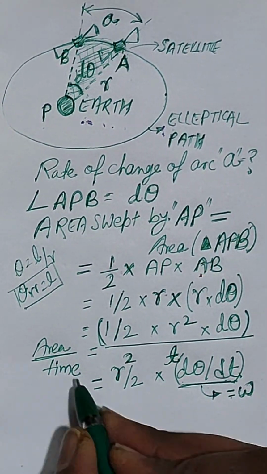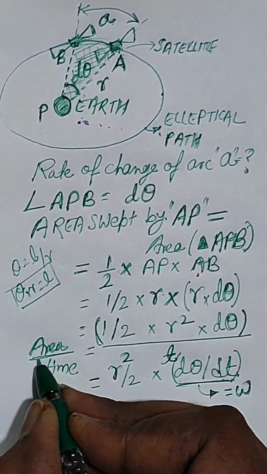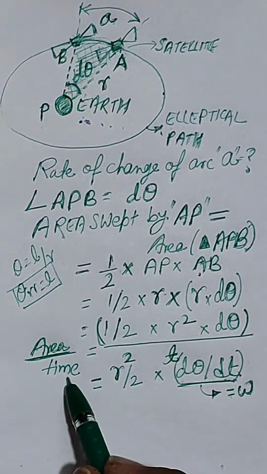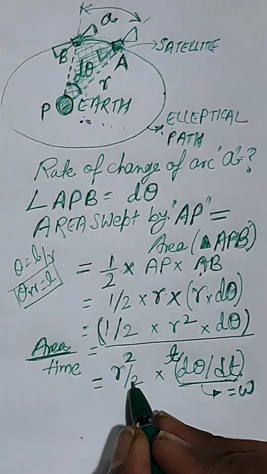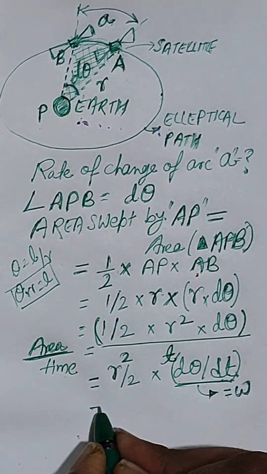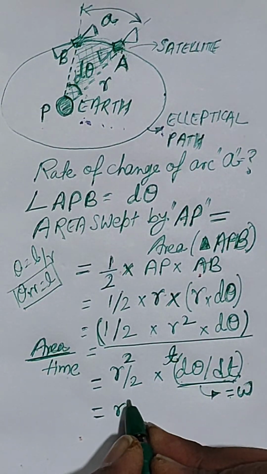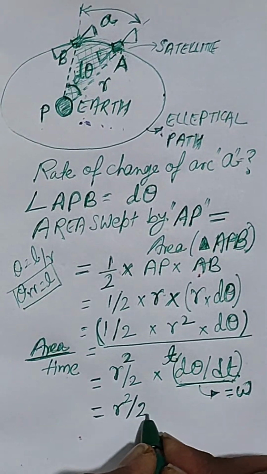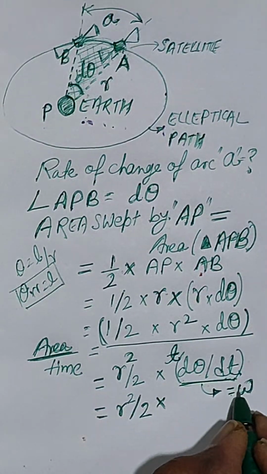So the rate of change of area swept is d theta by dt into r square by 2. Just keep r square by 2 as it is, multiplied with omega, replacing d theta by dt.